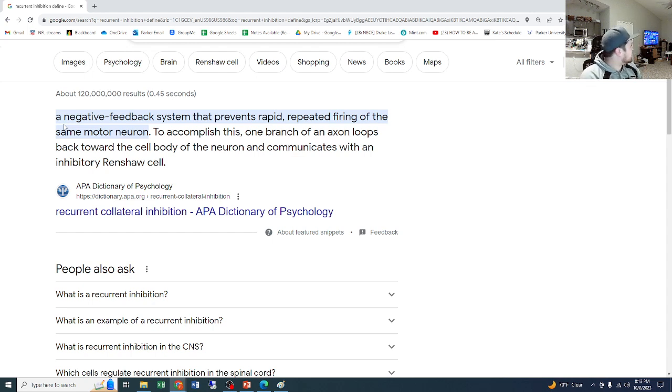That's kind of the same function of the Renshaw cells. The Renshaw cells provide a negative feedback system, meaning that they stop what was happening before, that prevents the rapid, repeated firing of the same motor neuron.